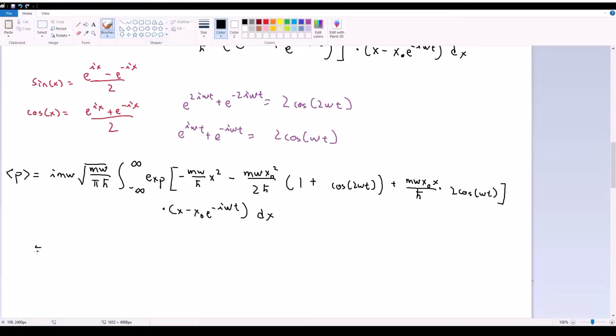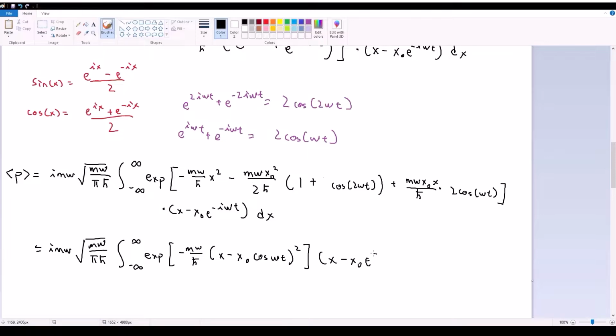We can pull out some common factors and effectively rewrite this as an exponential of negative m omega over h bar multiplied by x minus x naught cosine omega t squared, and then multiplied by x minus x naught e to the negative i omega t, closed off with a dx.